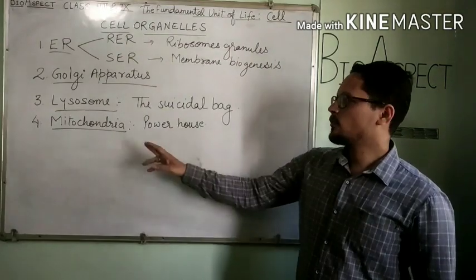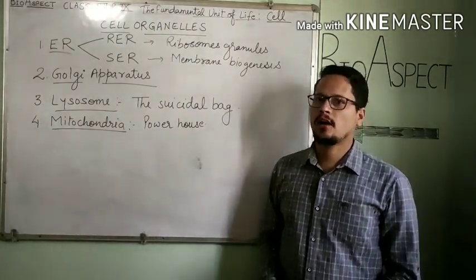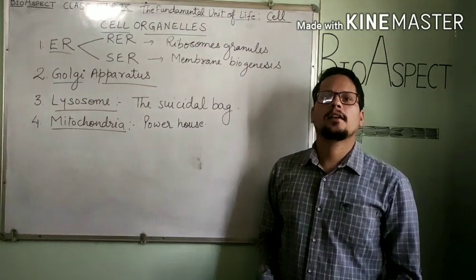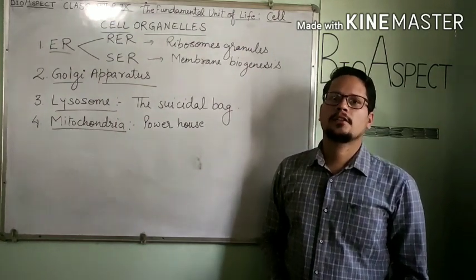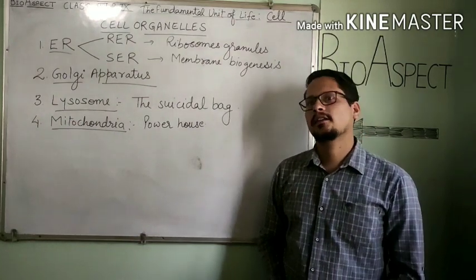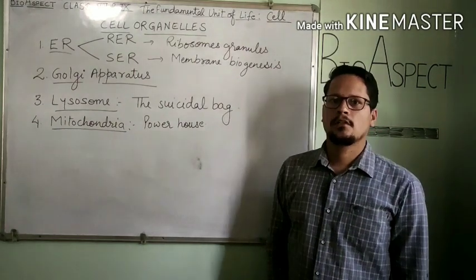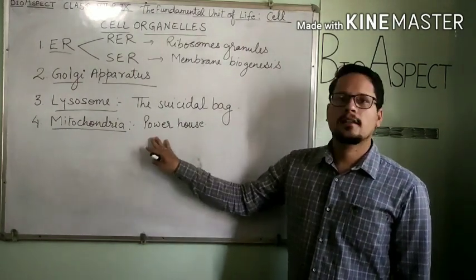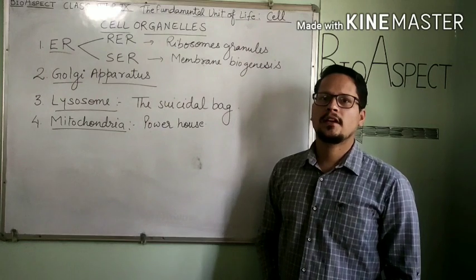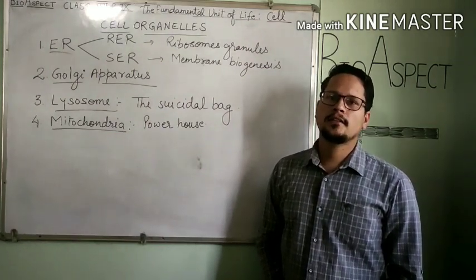Number fourth is mitochondria, which is also called the powerhouse of the cell because it provides energy to the different cell organelles, because these cell organelles cannot do their function without getting energy. So it is the site for cellular respiration in which the food is broken down and energy is released.